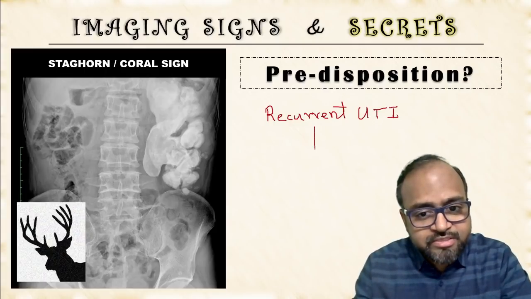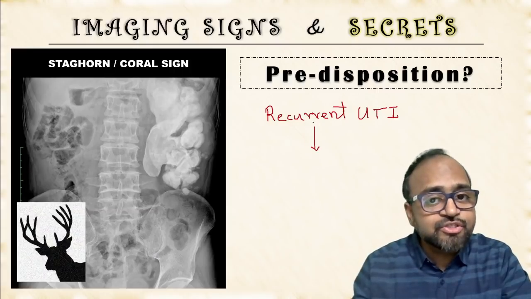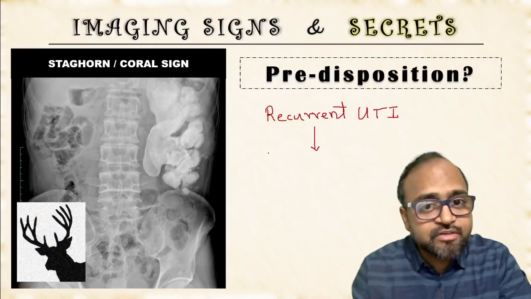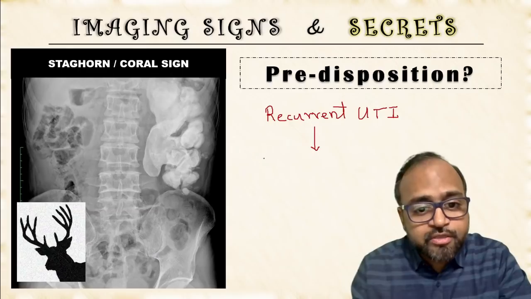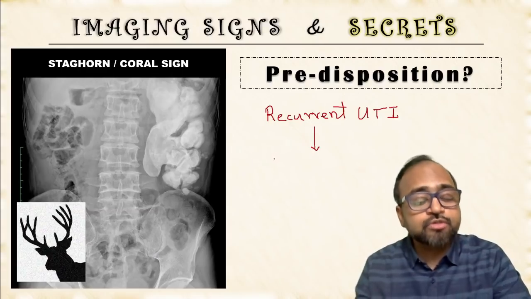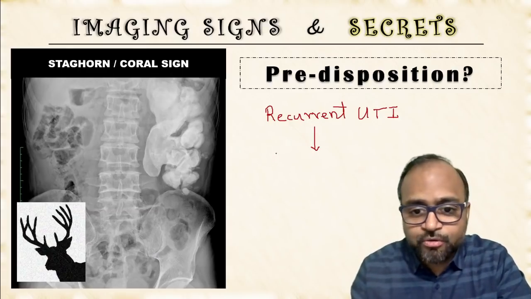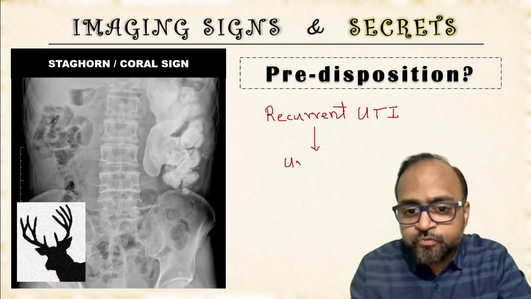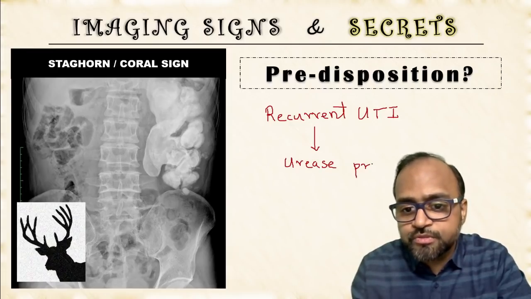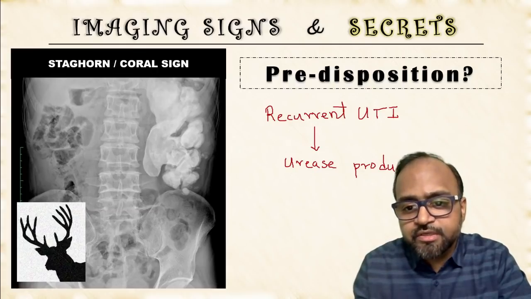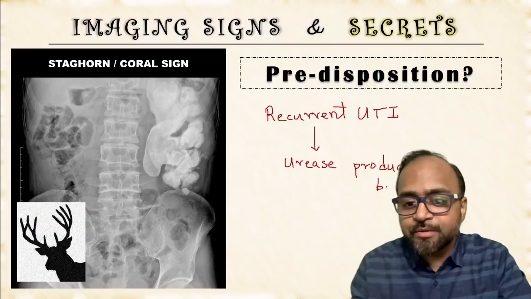But there is another secret I want you to know. In this recurrent urinary tract infection, what is the causative microbe? The causative microbes responsible for the formation of staghorn calculi or struvite calculi are urease enzyme producing microbes or urease enzyme producing bacteria.